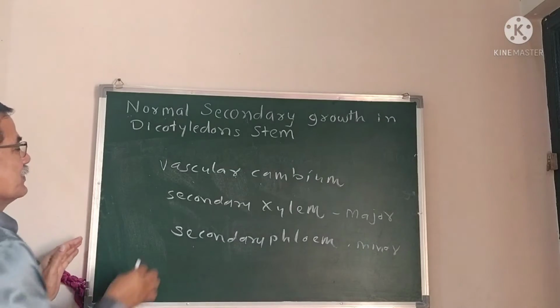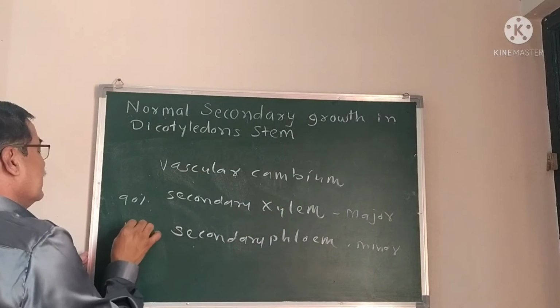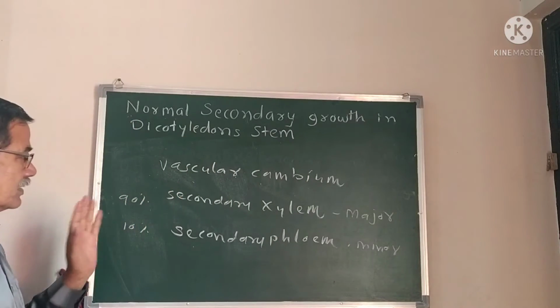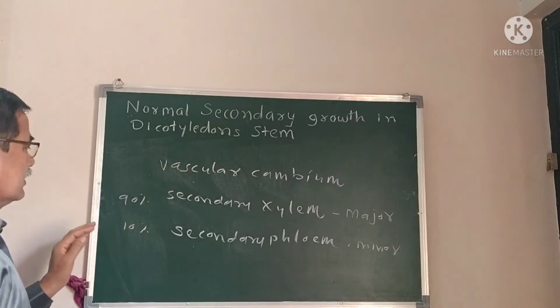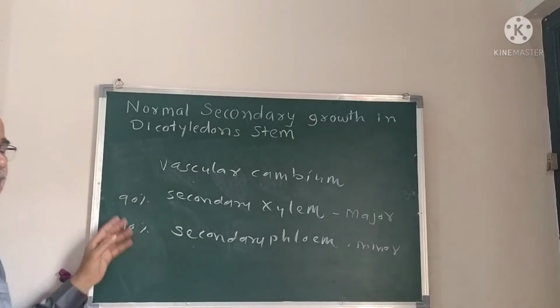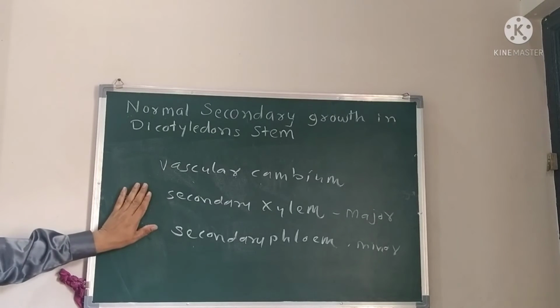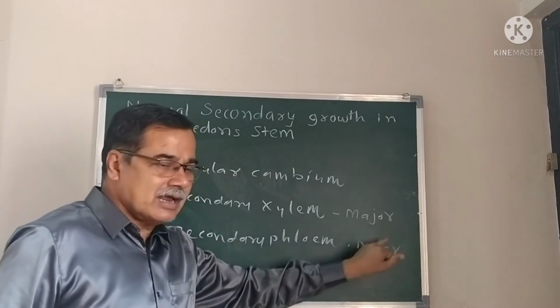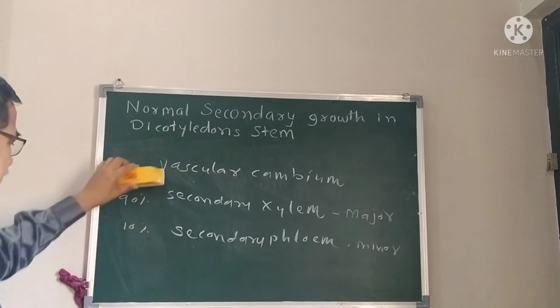Suppose 90% secondary xylem and 10% only secondary phloem. In biological terms, percentages are not used for girth and diameter. Therefore, without knowing the percentage, only the words major and minor are used here.